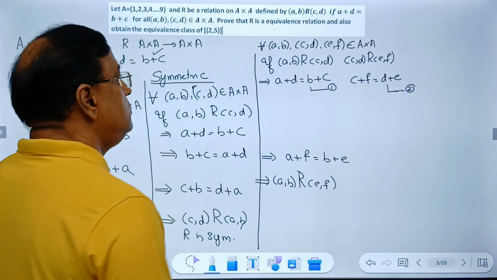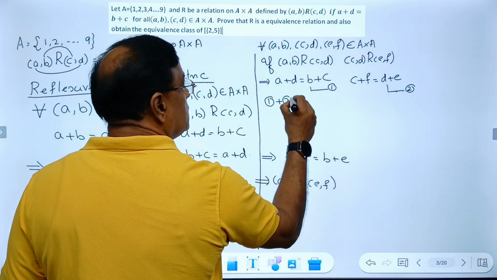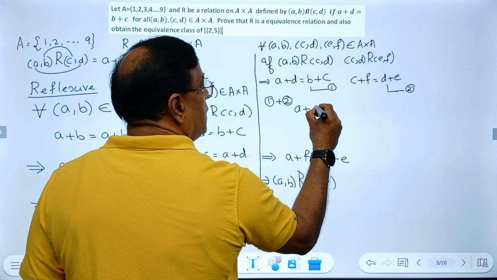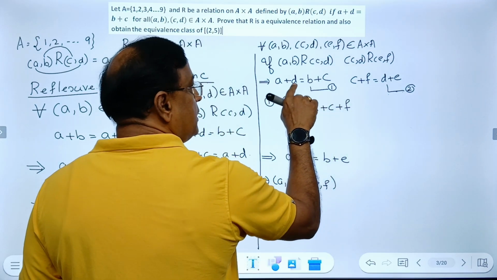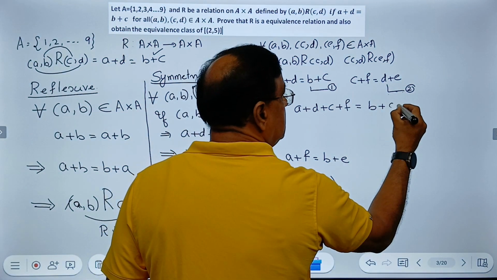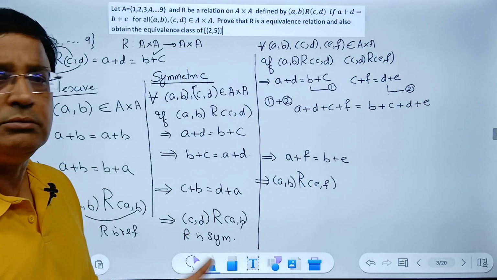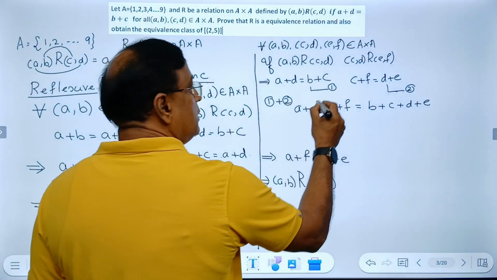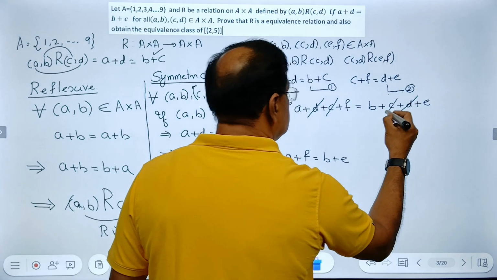Now what will I do? For that I take 1 plus 2. What is 1 plus 2? A plus D plus C plus F equal to B plus C plus D plus E. Just normal addition. Now clearly D and D cancel, C and C cancel.